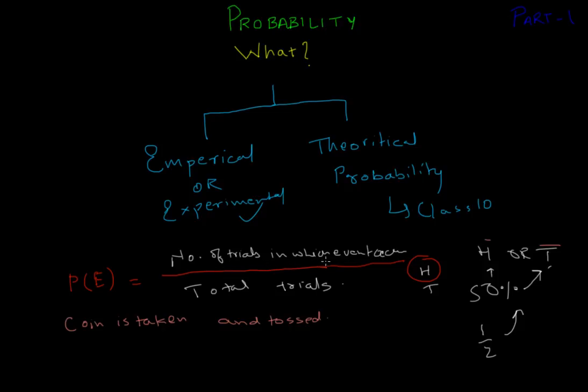Number of trials in which the event occurred: say for example, you have to find the probability that heads has appeared. So the number of times the heads appeared in one toss is one, and the total number of times is 2, so you will get half. So this is the analogy of probability, and this is something very basic.